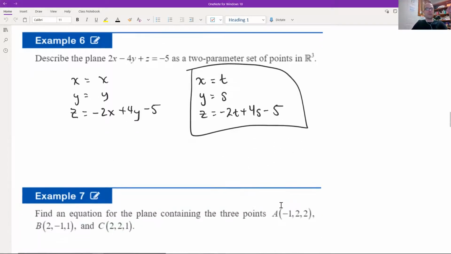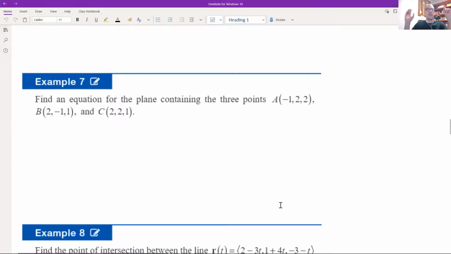Let's go to number 7. Number 7 is find an equation for the plane containing those 3 points. Boom. So planning ahead, we've got 3 points.